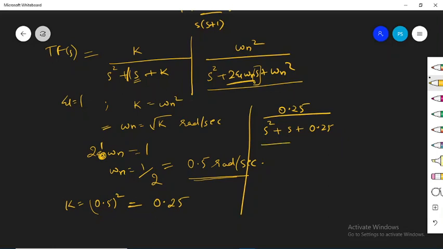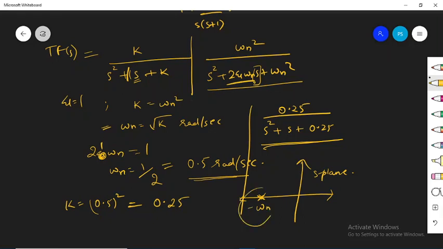And now you can find out the roots. You can otherwise also find it out, that you know that for a critically damped system, if you remember, in the S plane you had seen that you get double poles for the critically damped system, and they actually lie at minus omega n.